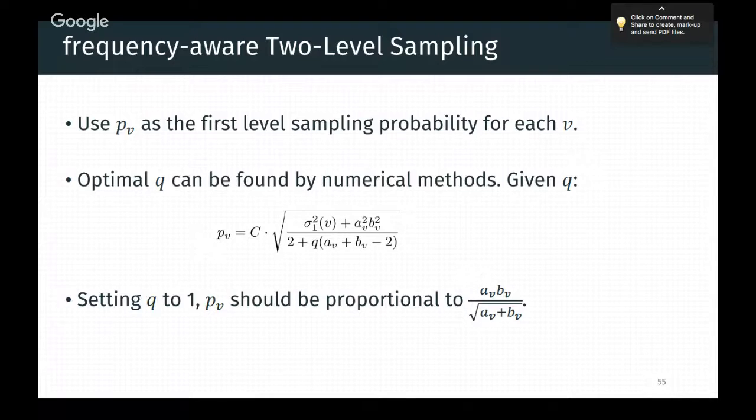And the optimal q can also be found by numerical method. And given q, we can decide p_w for each value w. By setting q to 1, so if we do not do the level 2 sampling, p_w should be proportional to a_w b_w over the square root of a_w plus b_w. So that is the result.